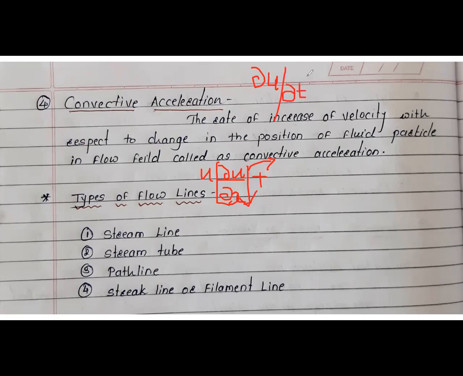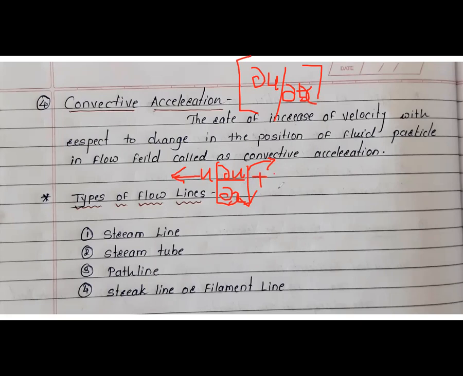So if du by dt, it means the change in velocity with respect to time. If the term is with respect to x, then it is the change in the velocity in the x direction, with respect to the direction or position. So u is the velocity in the x direction, and du by dx is showing the rate of change.